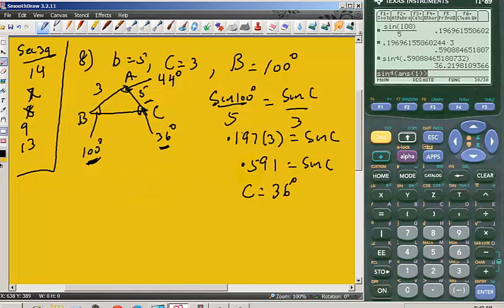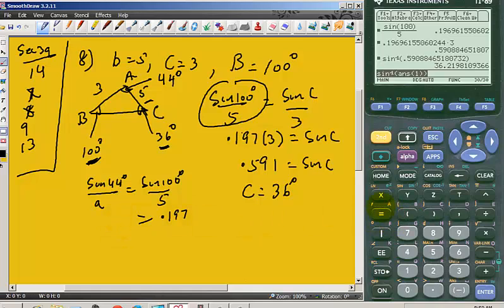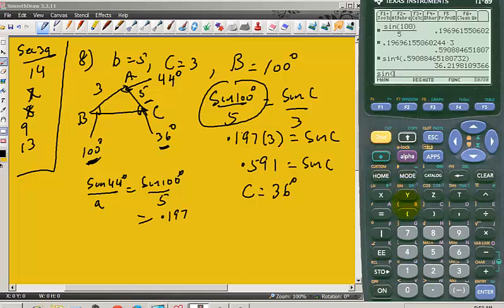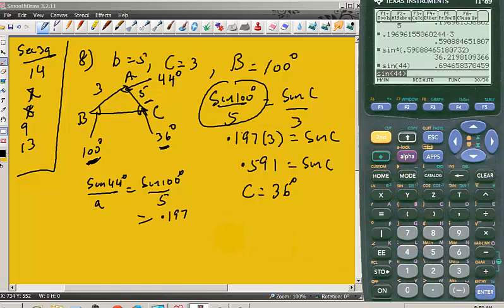As soon as I know that, since I already know this information here, I'm going to go ahead and use that. So sine of 44 degrees is to side A is to sine of 100 is to 5, and I already figured this out, that's 0.197. Sine of 44 degrees is what I have to figure out. Give me a decimal representation of that.